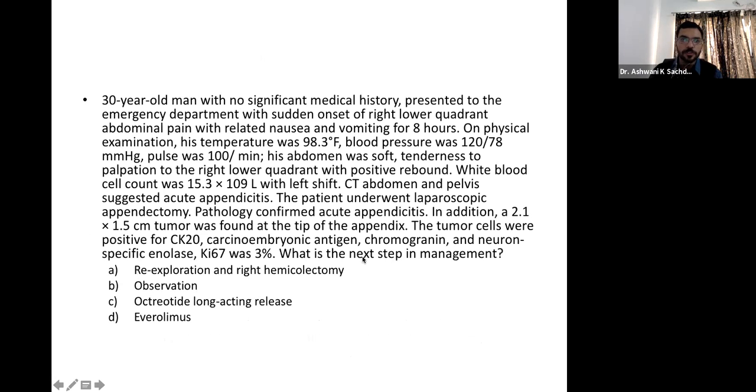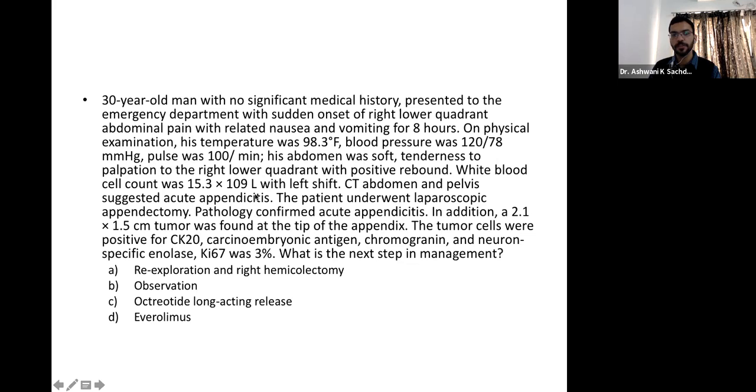Another question: a 30-year-old gentleman presents to the emergency department with right lower quadrant abdominal pain, nausea, and vomiting. On physical examination, BP is 120/70, pulse is raised, the abdomen is soft but there is tenderness in the right lower quadrant with positive rebound. WBC count is raised, and CT shows acute appendicitis.